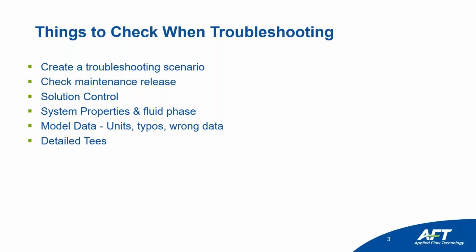And a lot of times what we find is when people define their T's, they don't get the orientations correct. And so if you define your orientations incorrectly, A, it's going to lead to incorrect results. B, it very well could cause convergence issues.